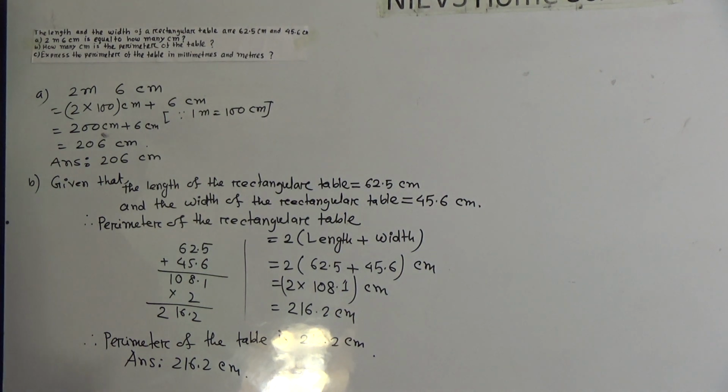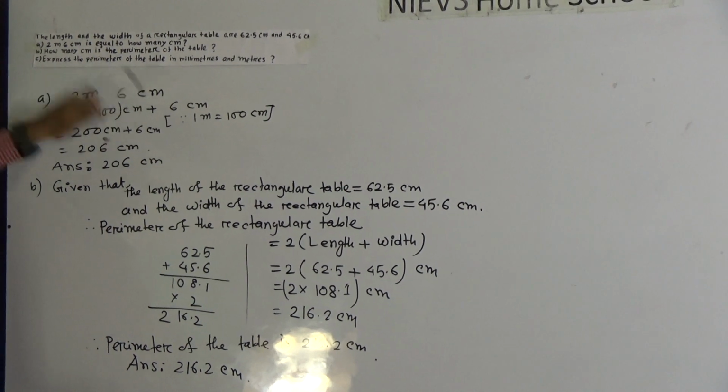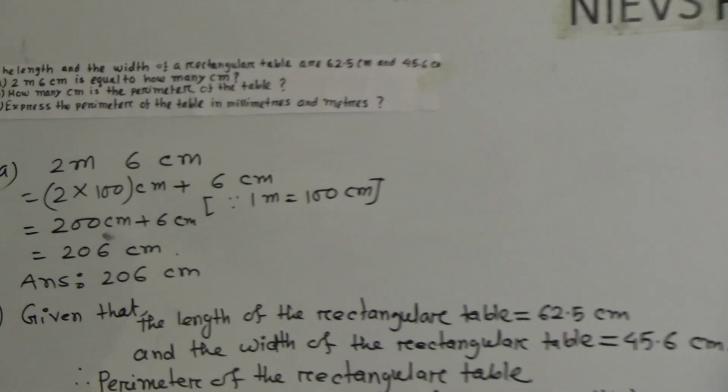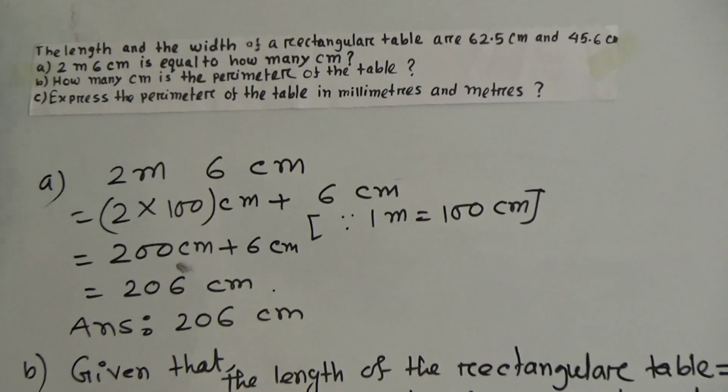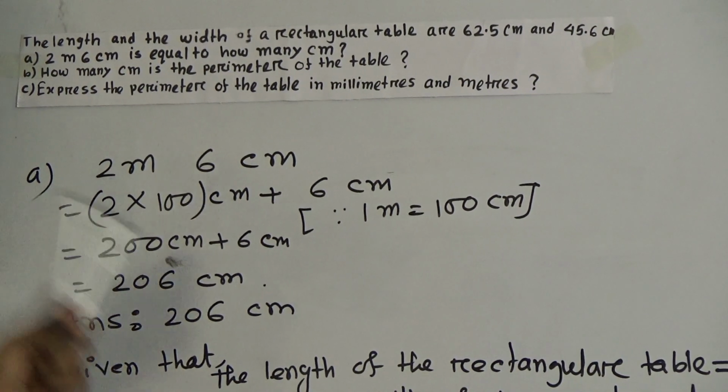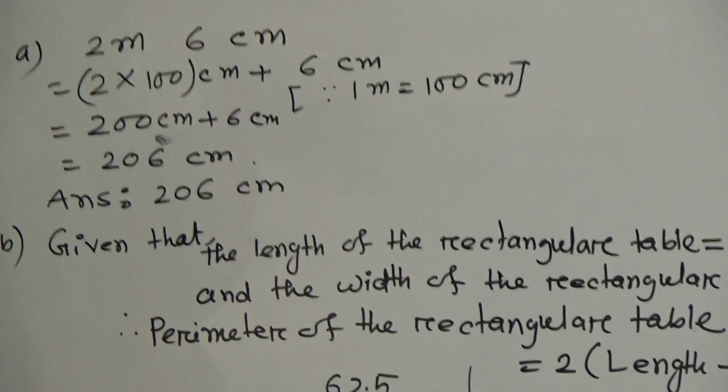Now see the question C. Express the perimeter of the table in millimeters and meters. Student, short form of millimeter is mm and meter is m.